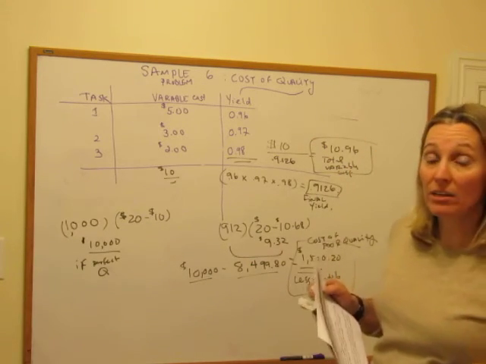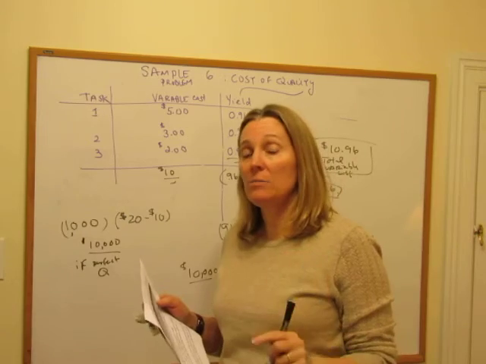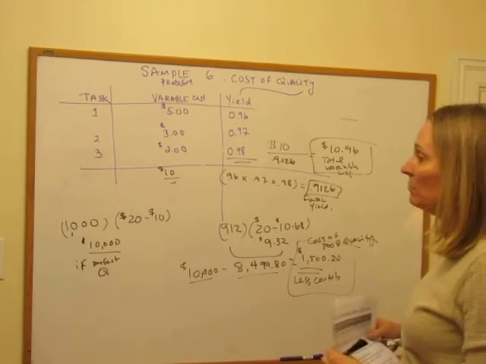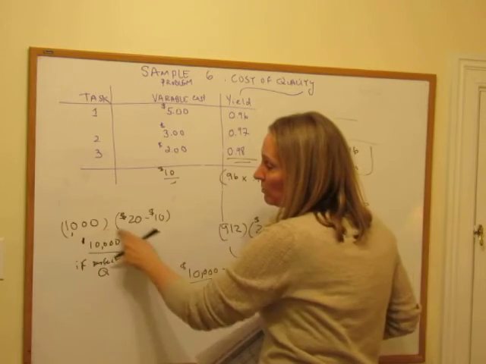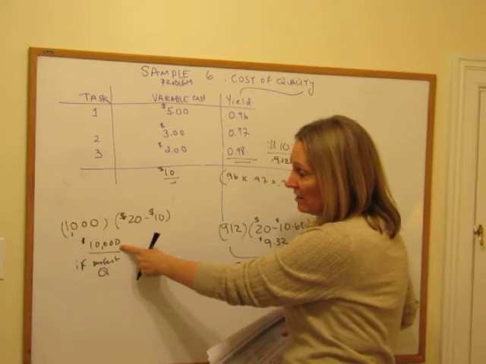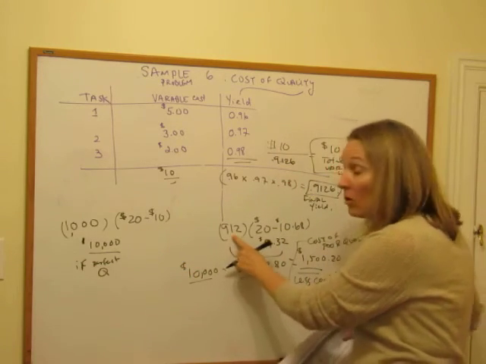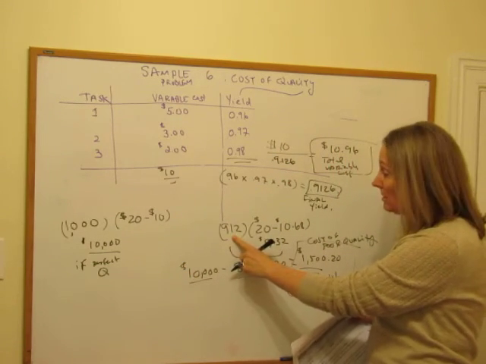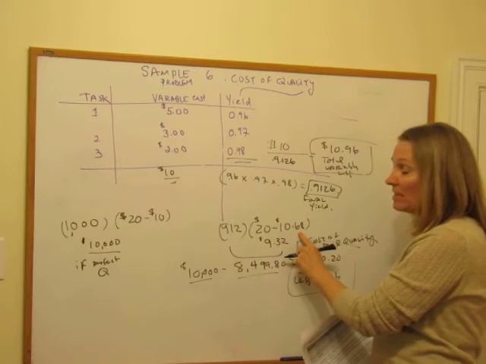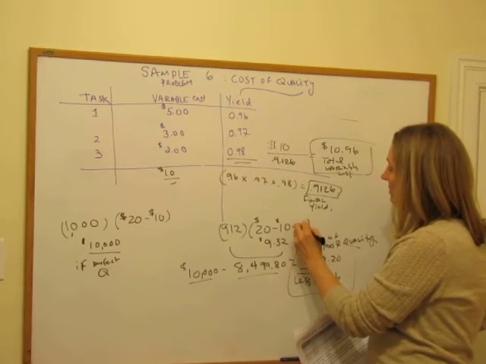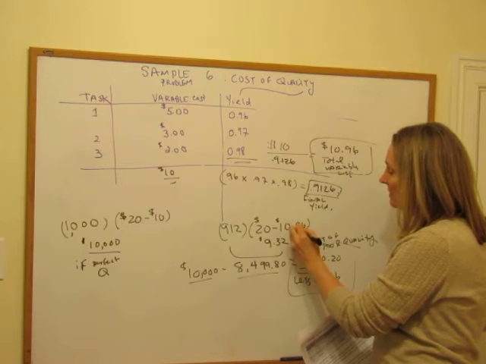So that is greater than it was when we had inspection after every step. So what is the cost of quality going to be? Well, if it was perfect quality, we would still make the $10,000, so we can leave those calculations here. We'd still only get 912 good units. But now, instead of $10.68 in variable cost, it's actually costing us $10.96.